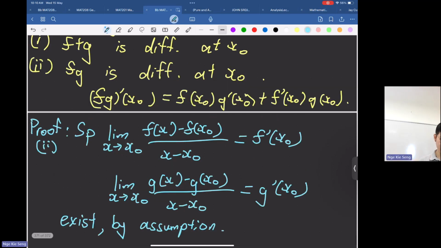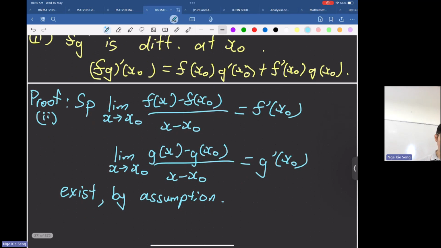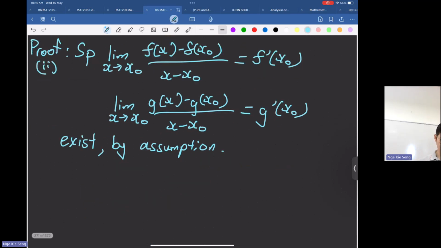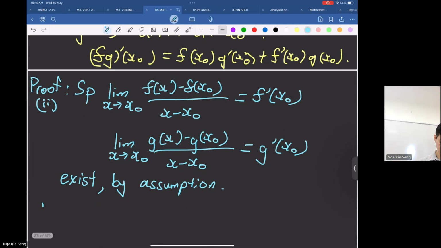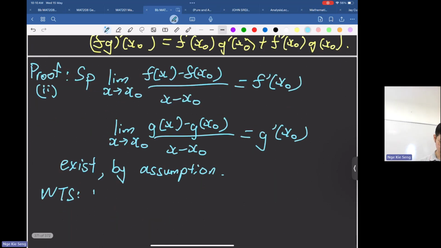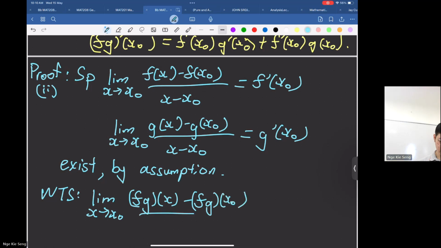But the question asks about fg. So we want to show the limit as x goes to x naught of fg of x minus fg of x naught over x minus x naught exists.